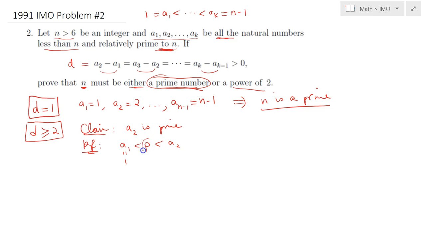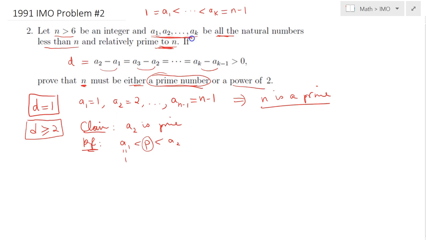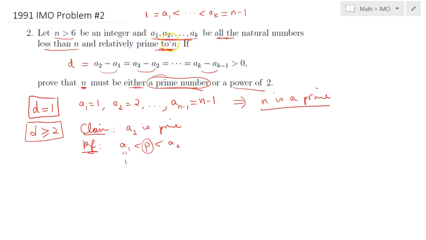Knowing also that p is not in our list of relatively prime a_i's, it must be that p divides n, because the a_i's are all the natural numbers relatively prime to n. But then that would be bad because we know that p divides a_2. It's one of the factors of a_2, right?